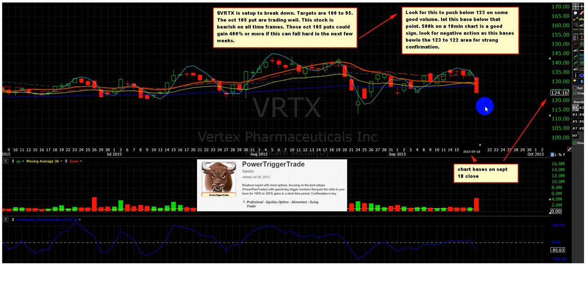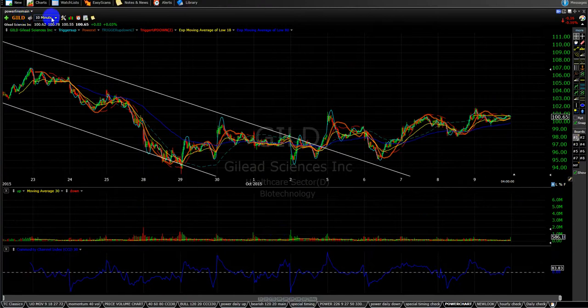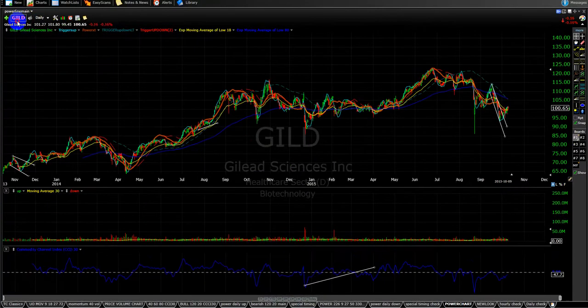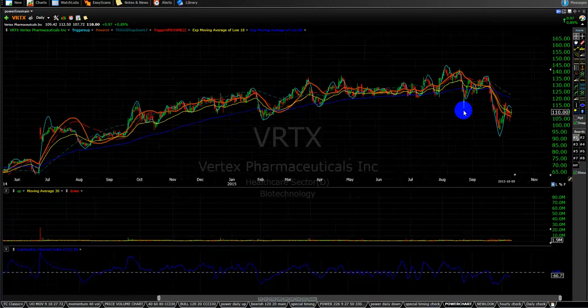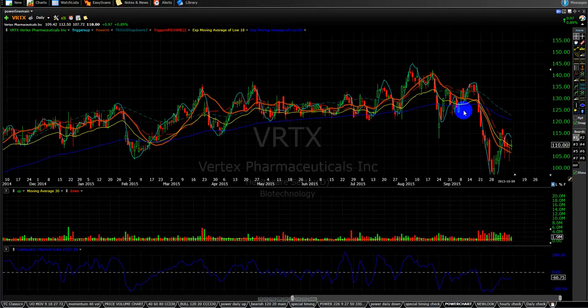Probably in around the 120 area, as it was very clear. And then this stock, of course, VRTX, went down lower. So let's go to the daily chart here and go to VRTX.